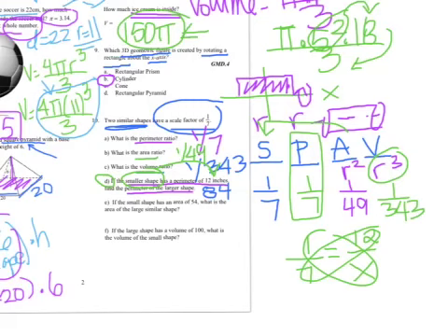Now I'm going to do the same thing with the other two. The next question says that the small shape has an area of 54. Well, now what we need to do is use our area ratio. So I'm not using the 1 to 7 anymore. To do part E, I'm going to use my area ratio of 1 to 49.